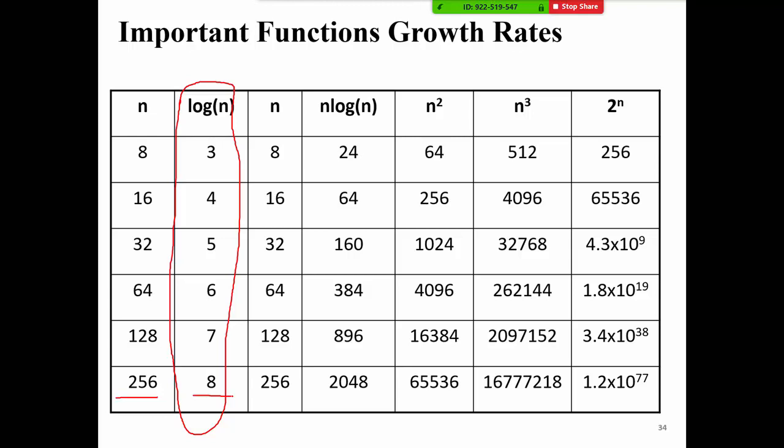If you have a linear time complexity, the number of elements inside the array is equivalent to the number of units of time you need to complete the execution. So if you have 256, you need 256. If you have 8 elements, you need 8. That is for the linear time complexity.